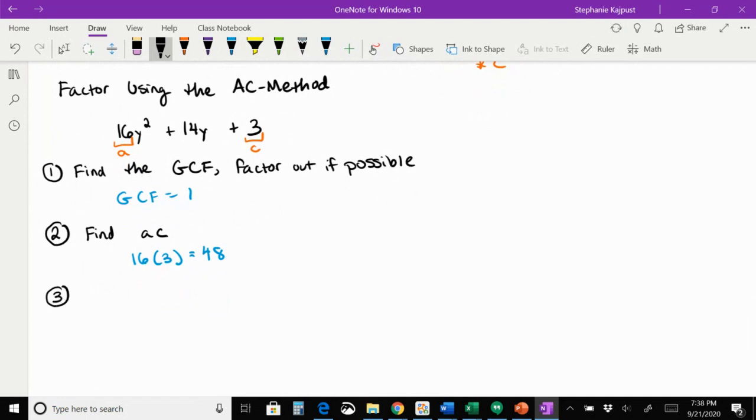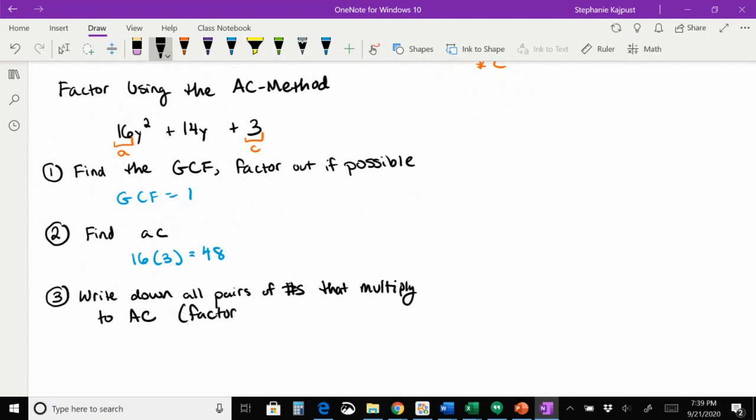So once you find AC, then you want to write down all pairs of numbers that multiply to AC.